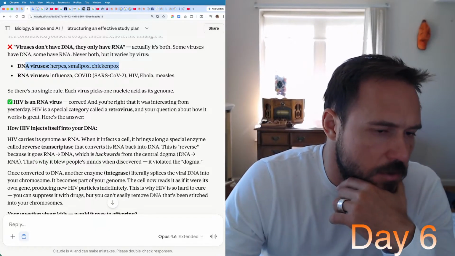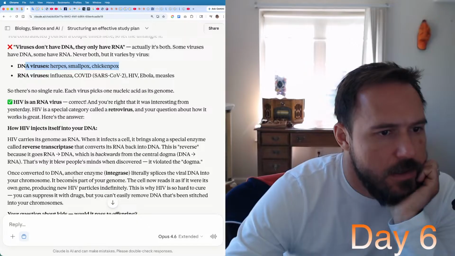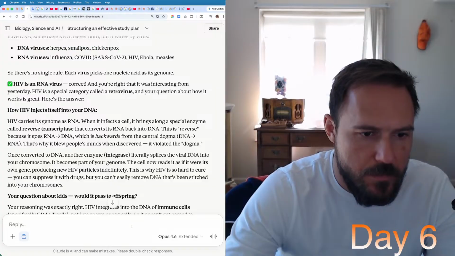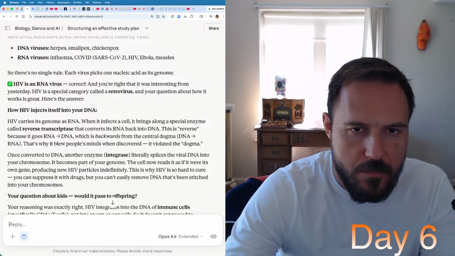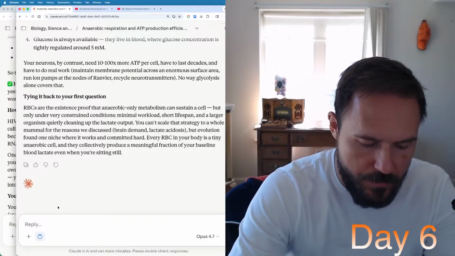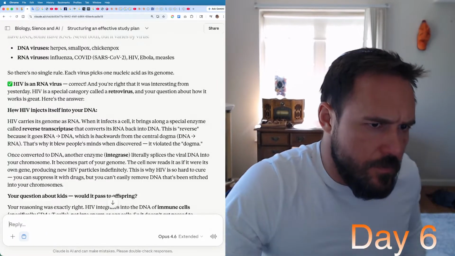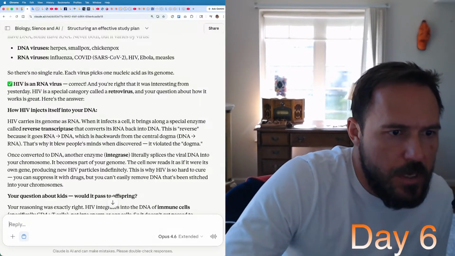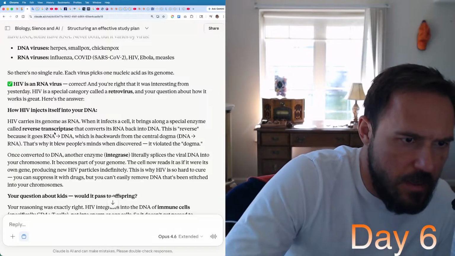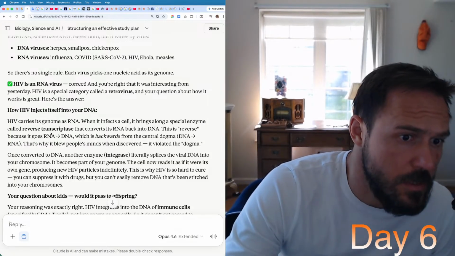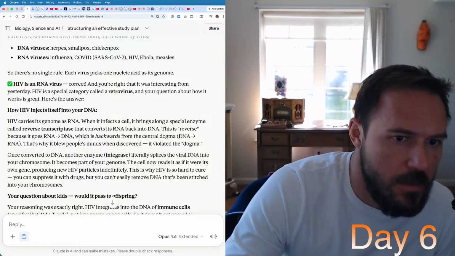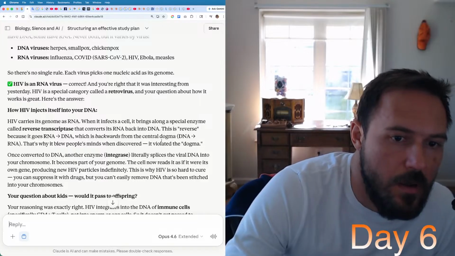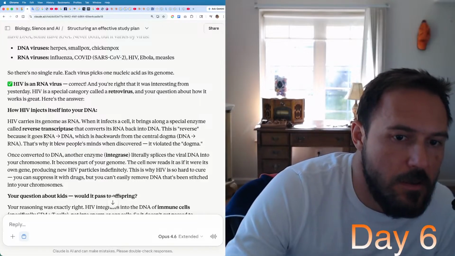Is it that CRISPR technology works the same way then? So the HIV virus has a special enzyme that it uses called reverse transcriptase and can go backwards from the central dogma.